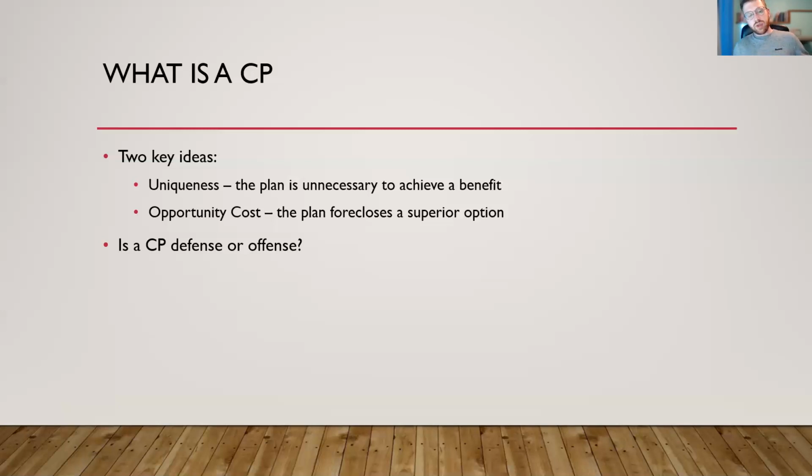The offense is not coming from the counterplan. But if the offense is coming from the counterplan, then you're saying the plan gives up the ability to do something better. So it's not that doing the plan causes something bad, it is that there is a better way, and the plan gives that up.